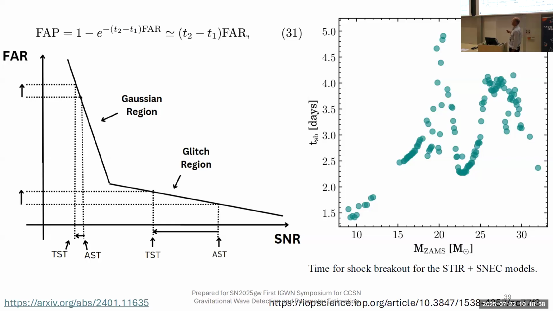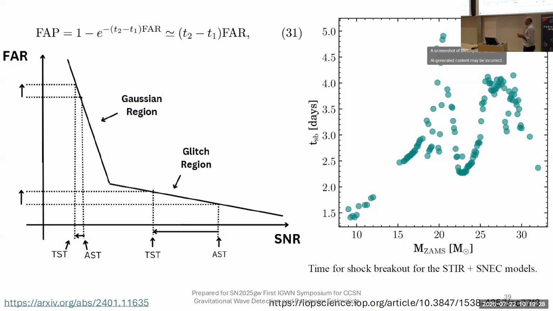And so if you reduce, for example, the on-source window by 5 orders of magnitude, then you have a choice. You can have the fixed candidate, and you're going to have a false alarm probability that is 5 orders of magnitude smaller, or you can keep the false alarm probability fixed and have a false alarm rate that is 5 orders of magnitude larger.